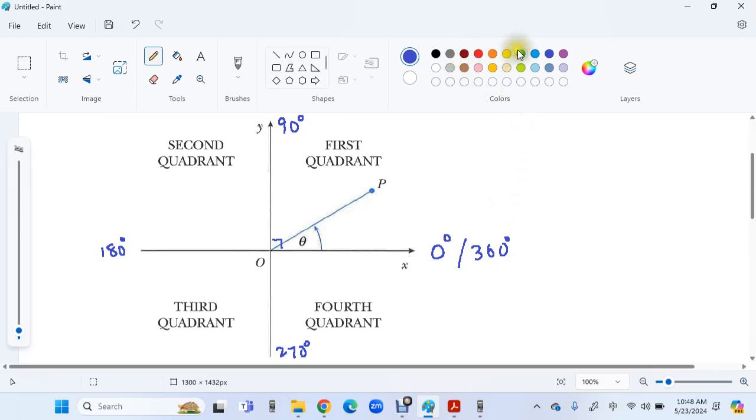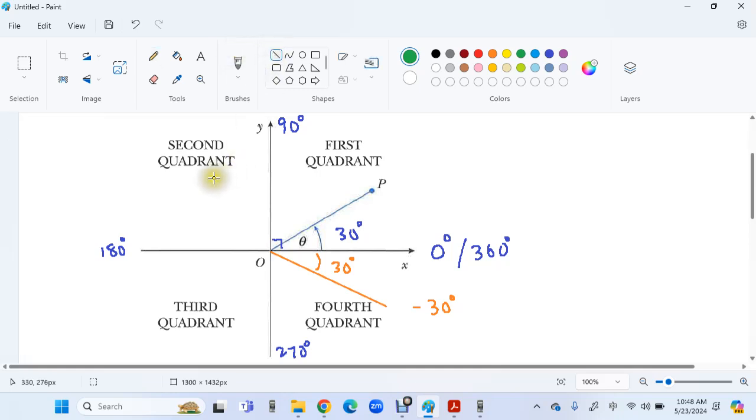Okay, so let's say over here, we have 30 degree. So this is 30 degree. But if we have 30 degree clockwise from the x-axis, then we will say that this is negative 30 degree.